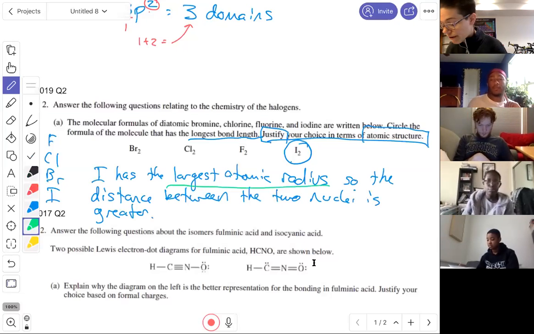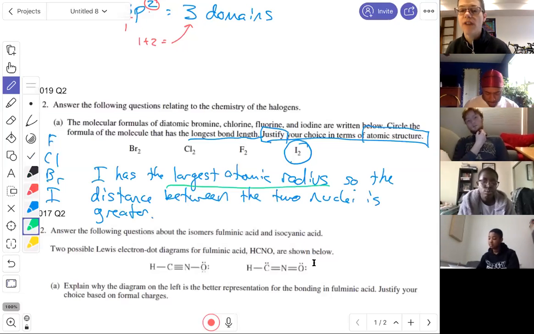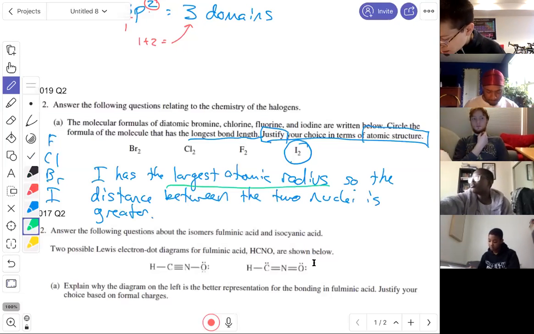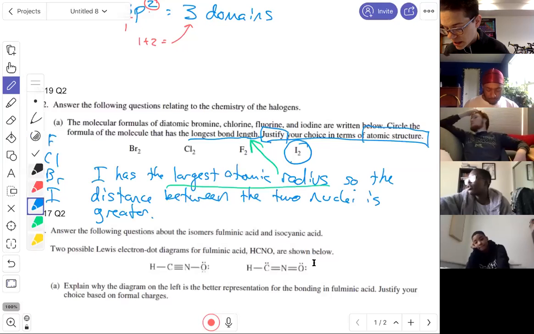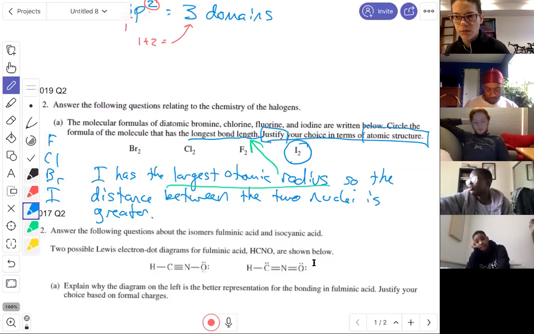How does that affect the bond? You have to link the atomic radius to the bond. That's how you actually answer that question. So you have to link atomic radius to bond length. Kind of annoying, but it's those little details that I want to make sure we get right.